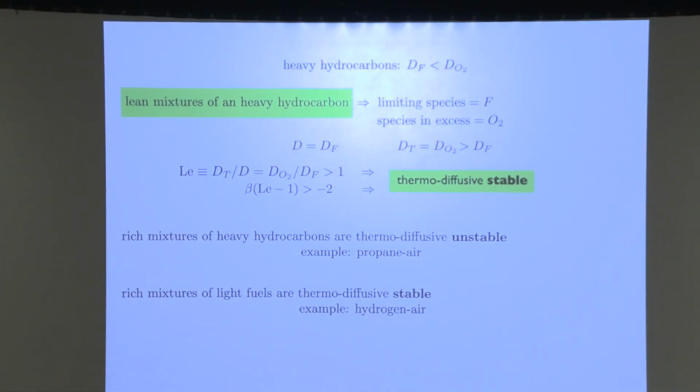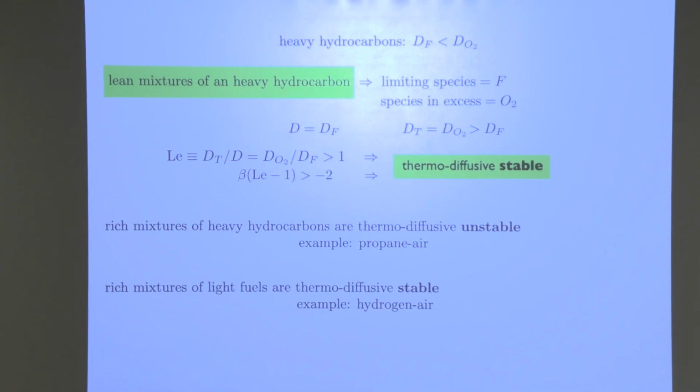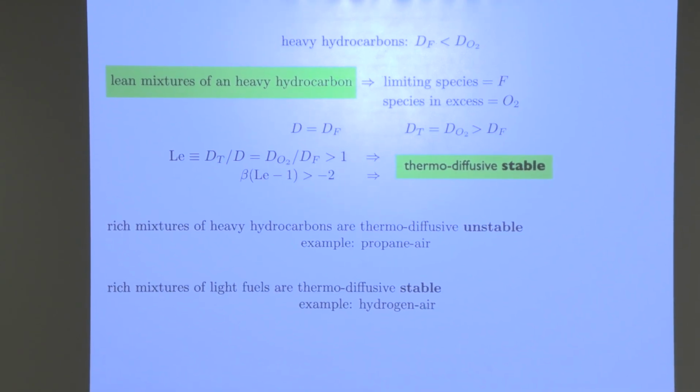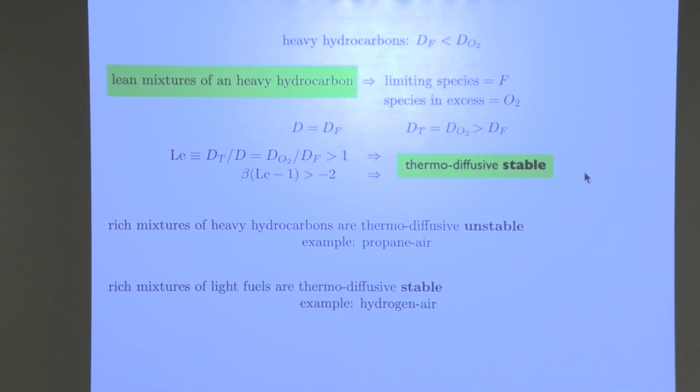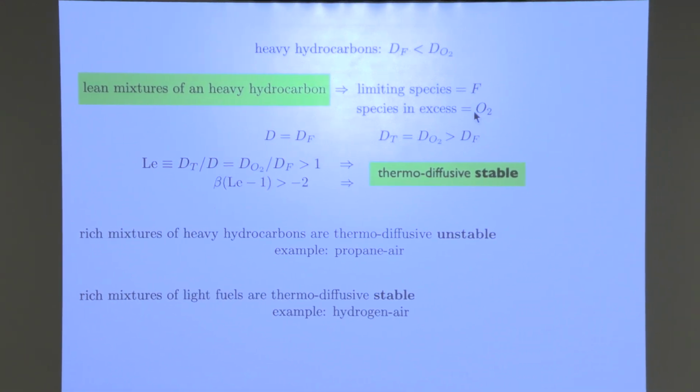This is a summary of the result. The limiting species is called F. The species in excess. If you have a lean mixture of hydrocarbon, the limiting species is larger.